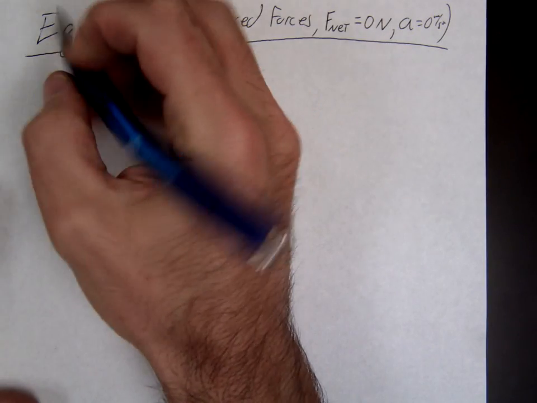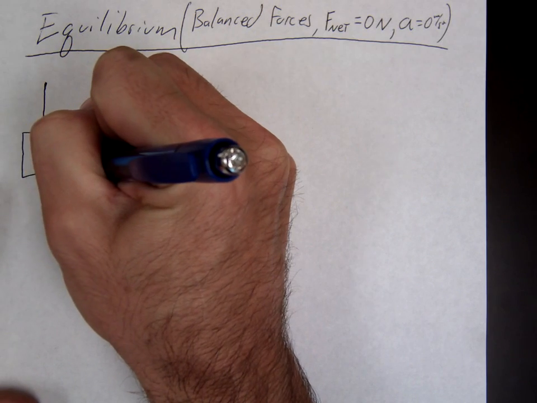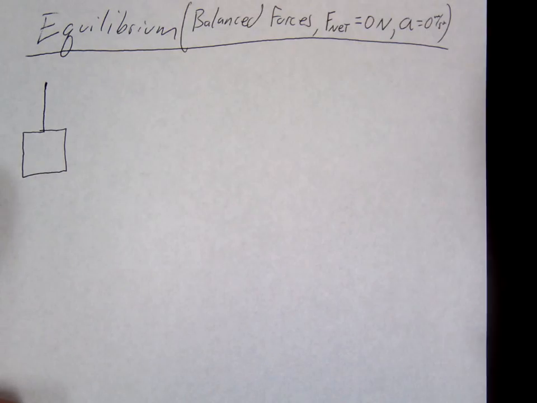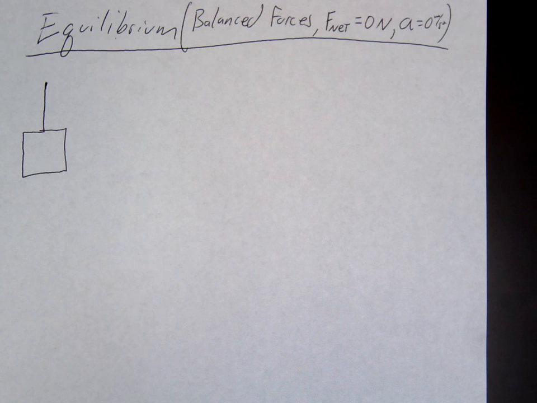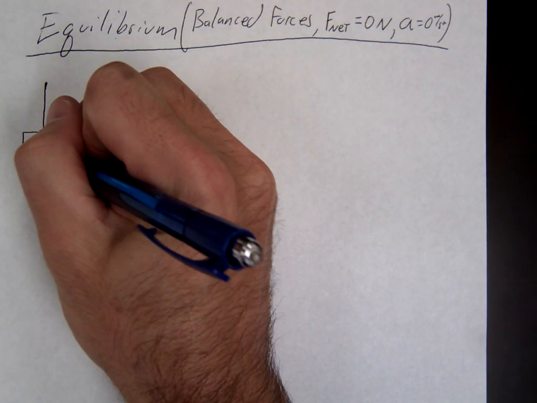Let's start with the real simple case. What if I hang something by a rope? Okay, so if I hang Fufar by a rope like this, this is a state of equilibrium. Let's say he has a mass of 100.